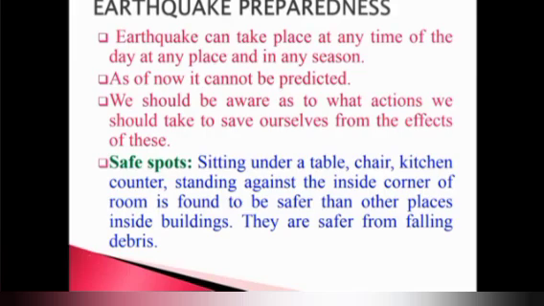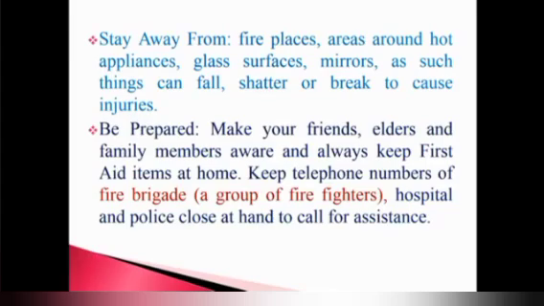They are safer from falling debris. Stay away from fireplaces, areas around hot appliances, glass surfaces, mirrors, as such things can fall, shatter or break to cause injuries.